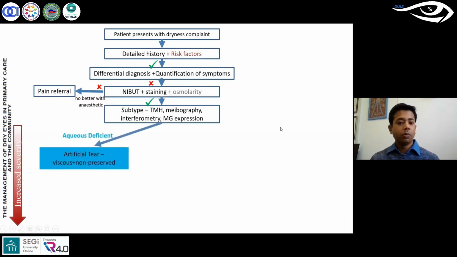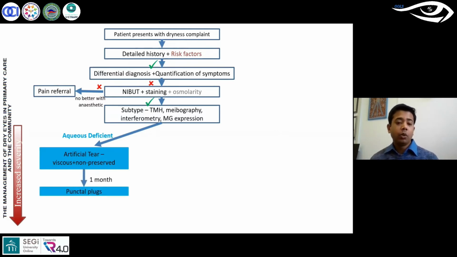If it's aqueous deficient, which means tear meniscus height is low but their meibomian glands are doing pretty well, then artificial tear is a very good idea to start. More viscous, so it stays in the eye longer, and of course non-preserved, because it will not cause more inflammation in the eye.